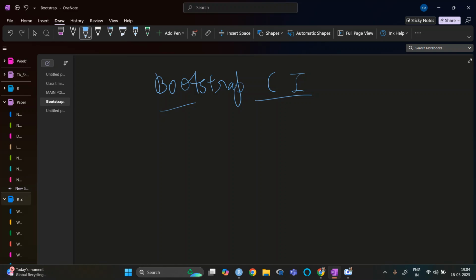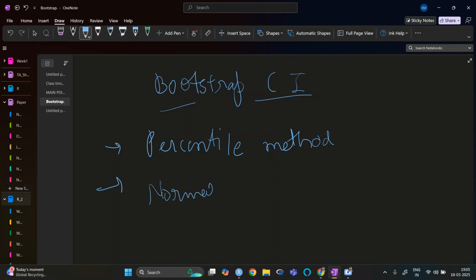Okay, so now there are five methods. The first one is the percentile method. The next one is the normal distribution.